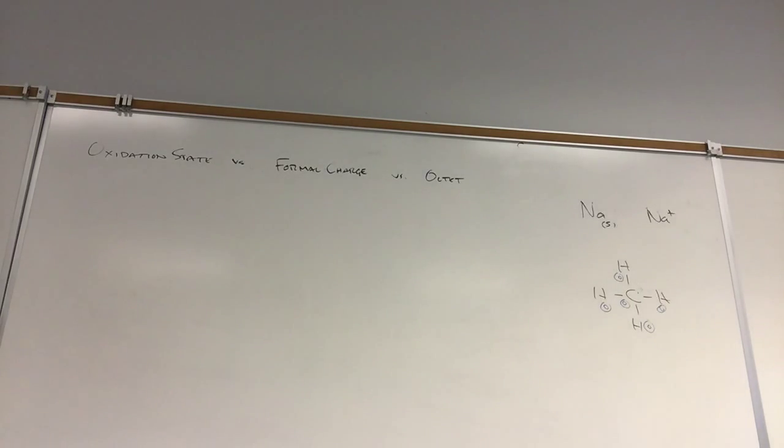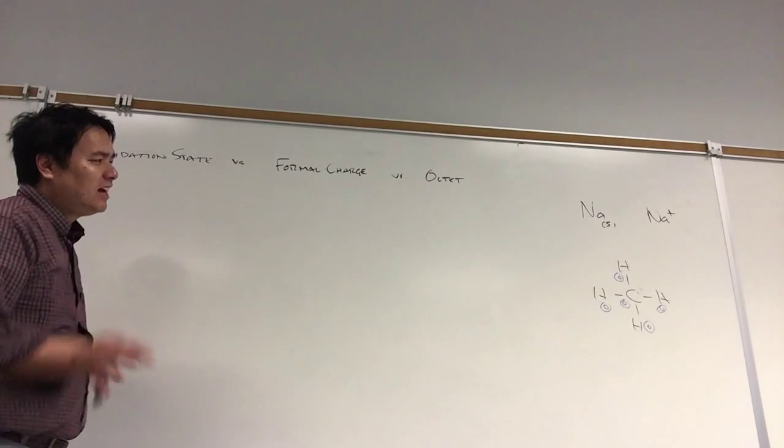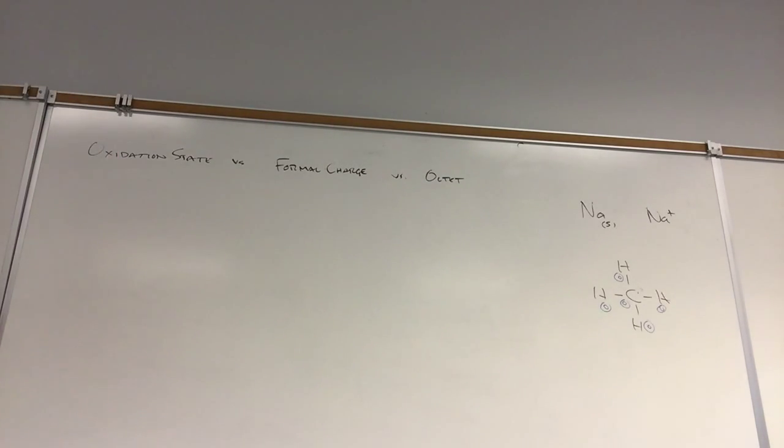I think the oxidation state would be the charge of the element by itself, and the formal charge would be when it's in the compound. When it's in a compound? Okay. Well, that's good. I'm glad you're thinking about charge. Yeah, not exactly, but getting there.